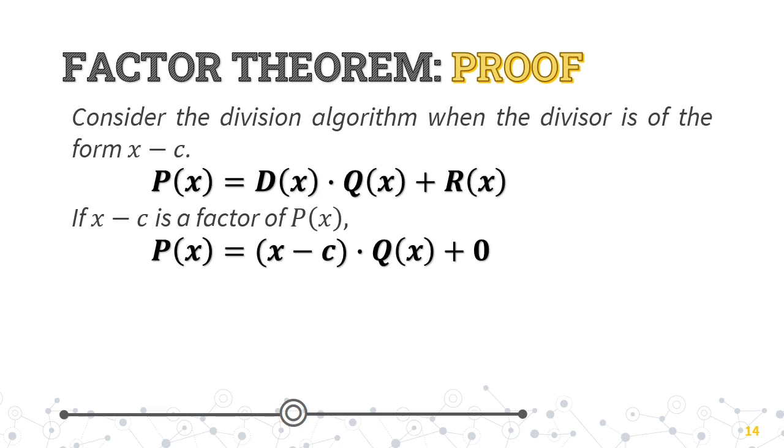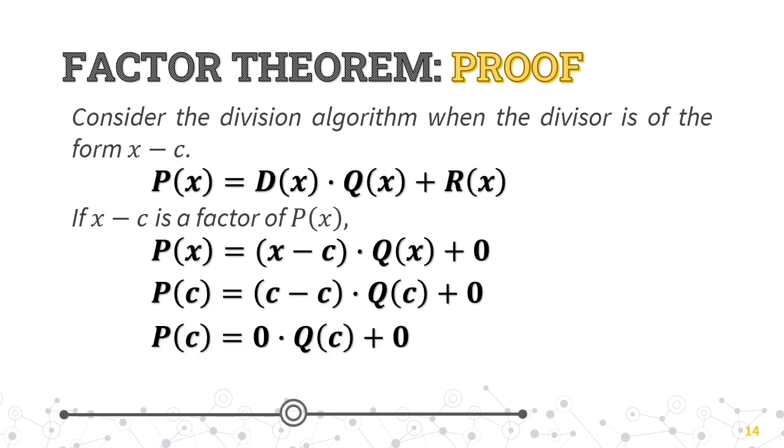And evaluating the given polynomial at c, we will come up with p of c is equal to c minus c times q of c plus 0. But c minus c is equal to 0, so therefore, p of c is equal to 0 times q of c plus 0. And we will have p of c is equal to 0.